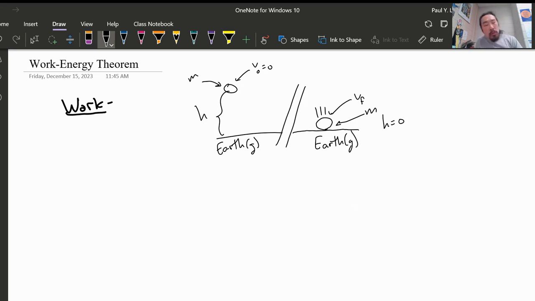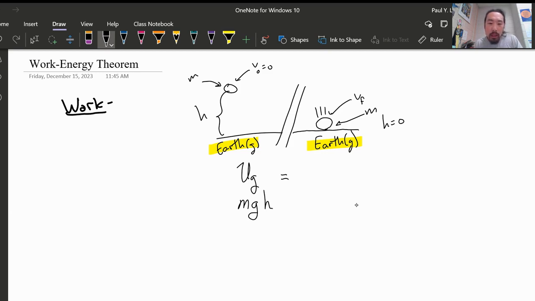Okay. So the reason why I want to start off with this is in class I've been hinting at the idea that the Earth is very important, right? Label that Earth, because when it matters, it will matter a lot. So the question is, we know that on the left-hand side, the initial side, the system has gravitational potential energy. And we know that because we have an object under the influence of the gravitational field at a height above.